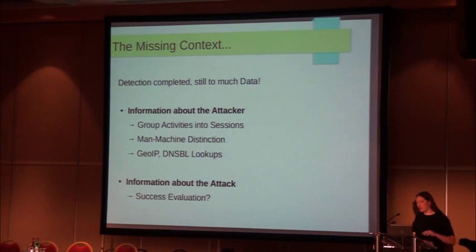For the attacker, we can group his activities into sessions and then try to see if it's been a human being or some machine, some script. We can also do a geomapping or look up if it came from some botnet maybe, because it might be interesting. Then we can try to evaluate if an attack was successful or not, because we don't care about unsuccessful attacks normally. So we try to add the missing context here.